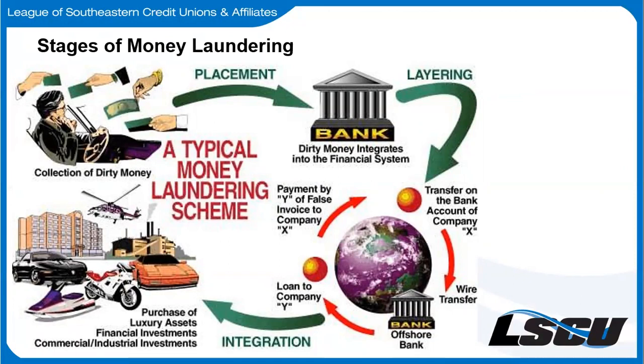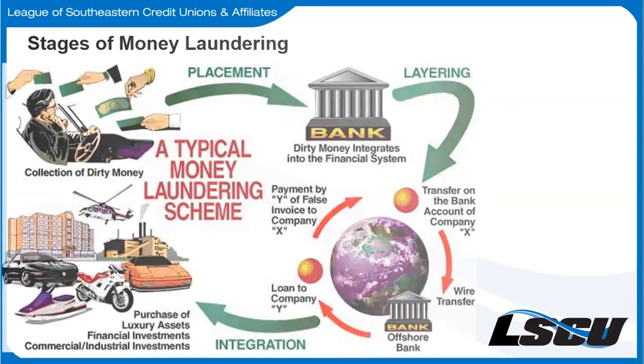If they are able to successfully integrate those funds into the financial system through your financial institution, that's when they make it over to the bottom left of this chart, where they can then go use those funds to buy real tangible assets of whatever they choose, which is exactly what we are trying to avoid through BSA and AML.